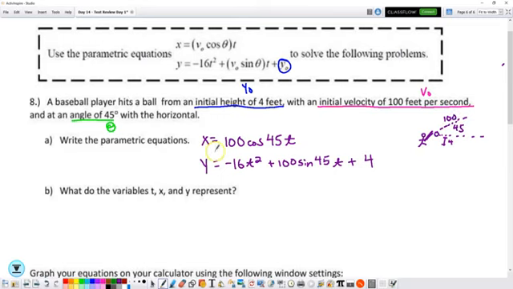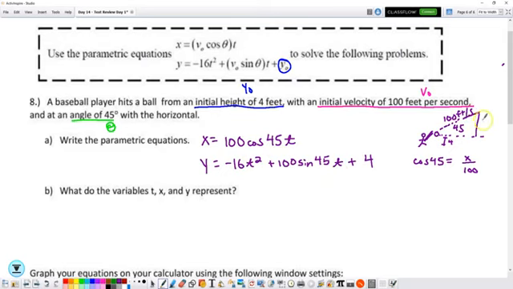The reason that this is 100 cosine 45 times t is because if I look at the horizontal, I could set up an equation that said cosine 45 equals x over 100. And then solving, after 1 second, I would get 100 cosine 45 times time. Depends how long, because this is a rate. Okay, and then the same thing here, gravity, initial height, and then this is how high it travels.